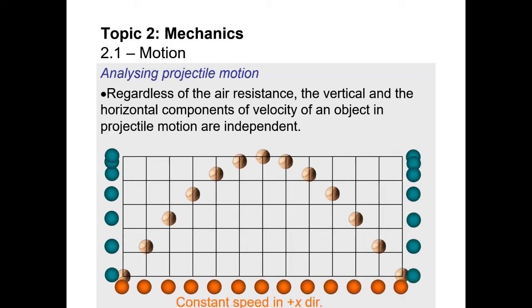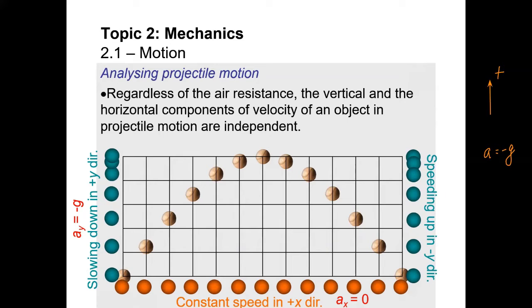Constant speed in x direction, slowing down in upward direction, and speeding up in downward direction. Acceleration in x component equals 0. Since we choose upward as a positive reference, acceleration due to gravity is always downward, so it's minus g.